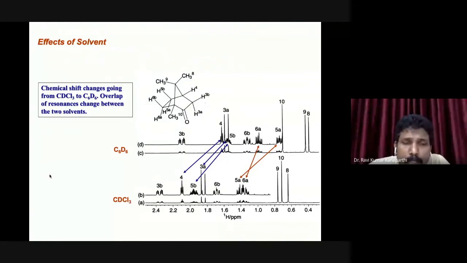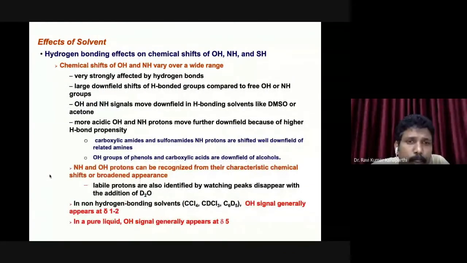Let me go directly to the last topic of discussion, that is the effect of the solvent. The effect of solvent is a very interesting topic, especially where hydrogen-bonding labile protons are present.